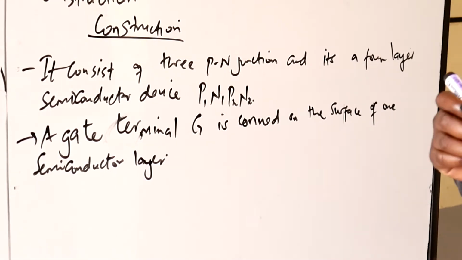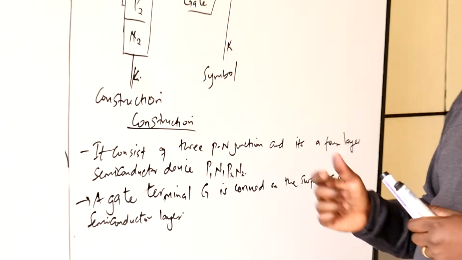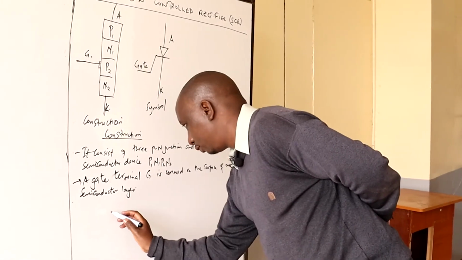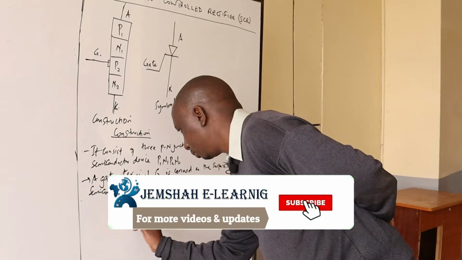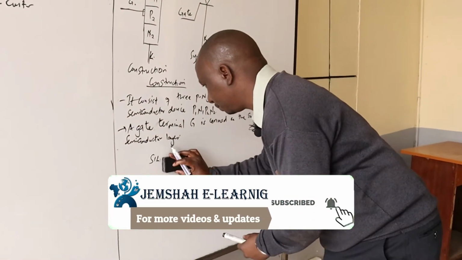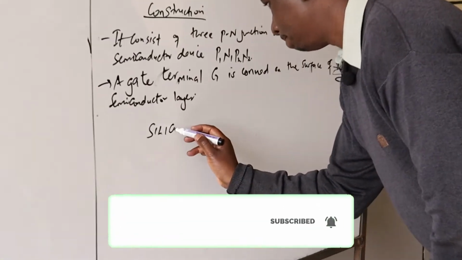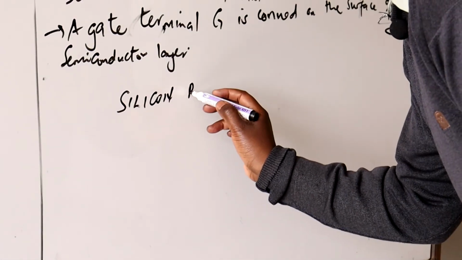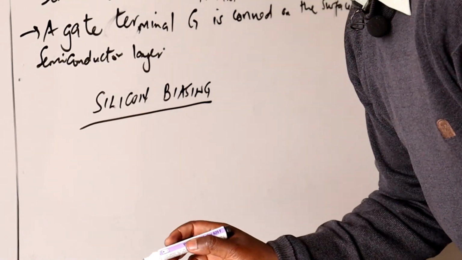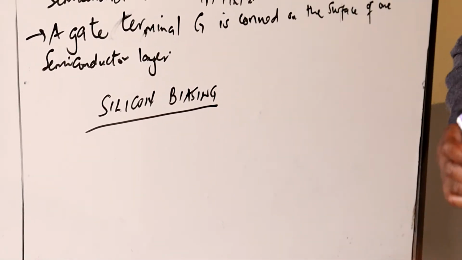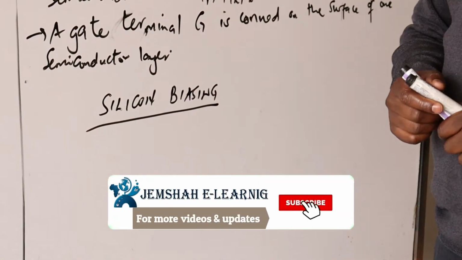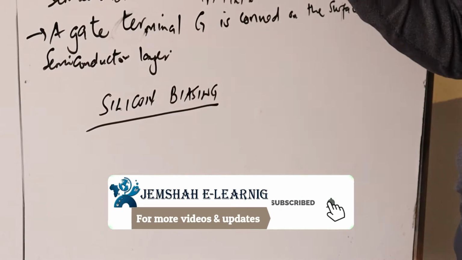So you'll be asked, how do we turn on or bias this semiconductor? Then you talk of the silicon biasing. The meaning of biasing is that we must be able to allow current flow from anode to cathode.